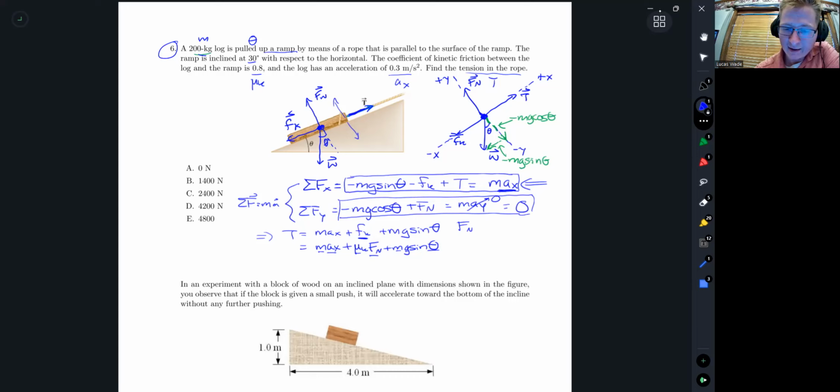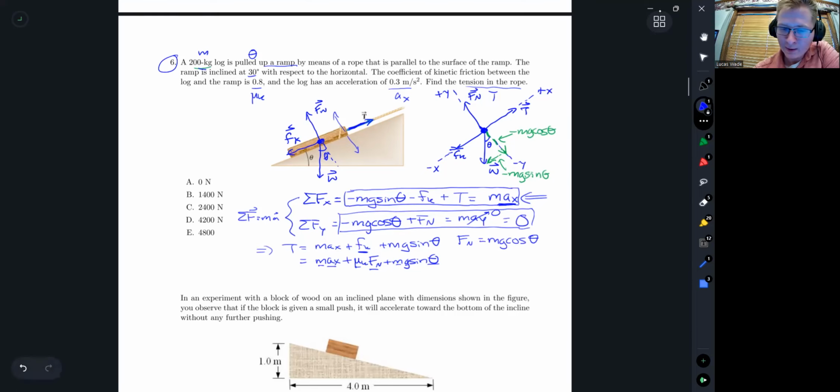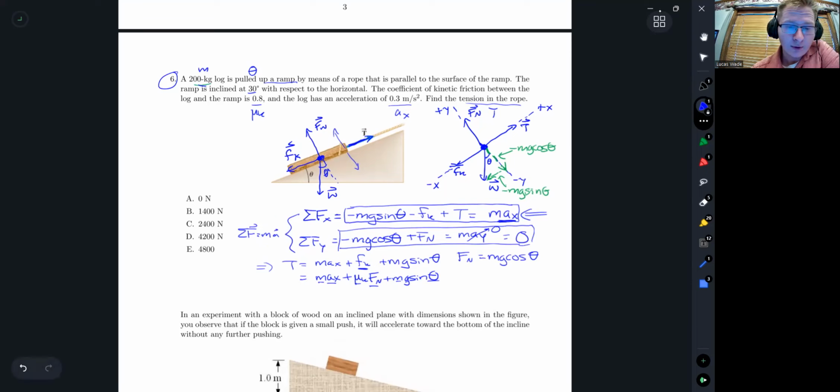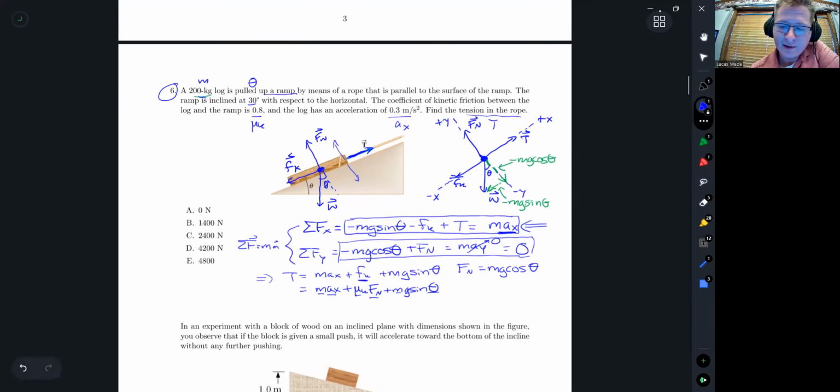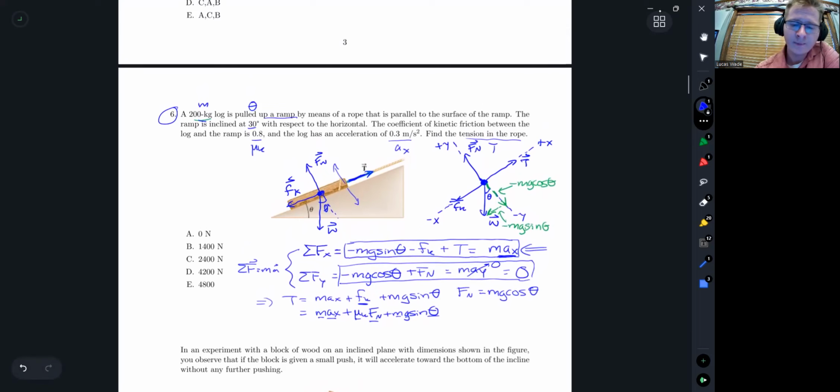Right, because if we add negative mg cosine theta to F_n, we get 0. So F_n must be equal to mg cosine theta. And that's what we were finding before too. When we had something on a ramp, the normal force ended up being mg cosine theta.